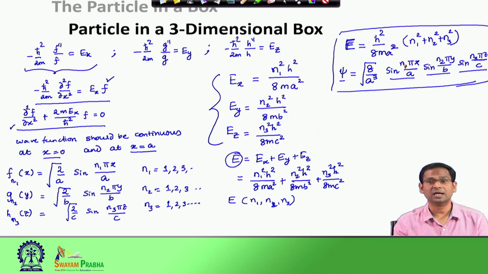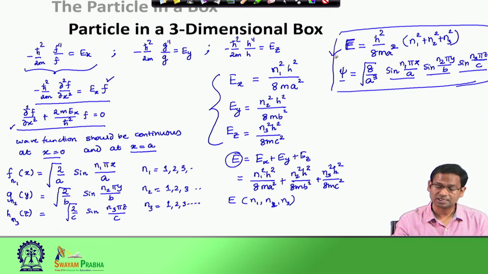This is a typical outcome when one uses separation of variables: the final wave function becomes the product of wave functions in the individual dimensions, and the final eigenvalue becomes the sum of the eigenvalues in the individual dimensions. This is a general rule that you would actually encounter also in future.